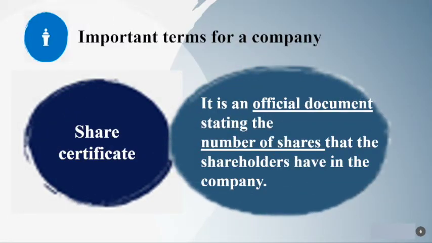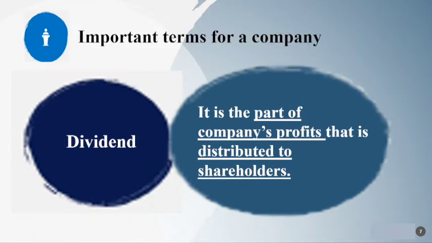Share certificate. It is an official document stating the number of shares that the shareholders have in the company. Dividend. It is the part of company's profits that is distributed to shareholders.